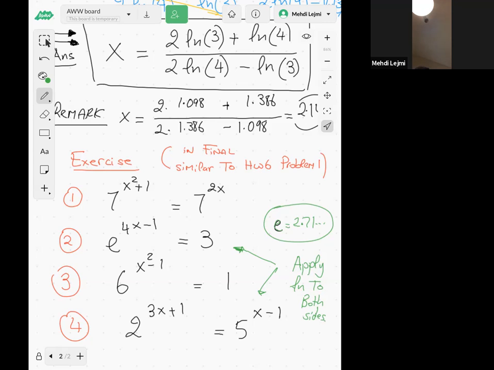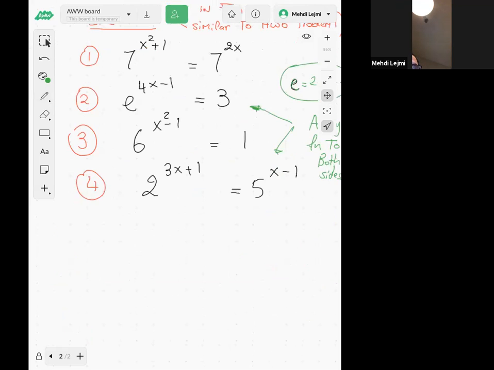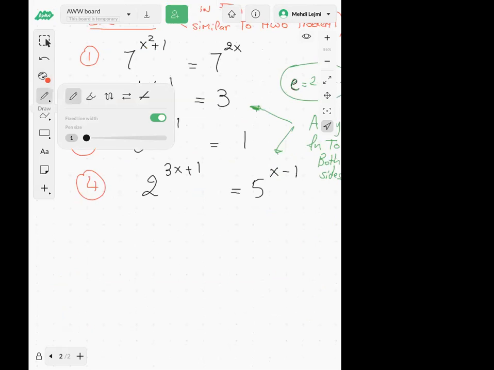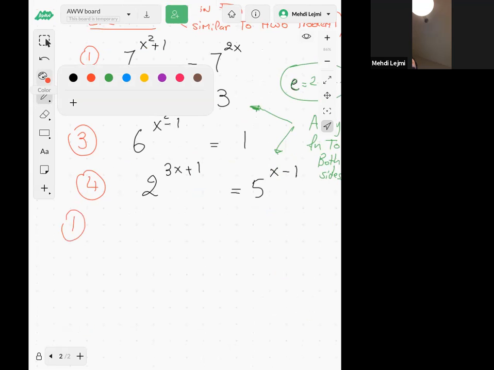Okay, I guess you're done with the exercise. So for number 1, we do have the same base, which is 7, right? This is 7 to the power x squared plus 1 equal to 7 to the power 2x.